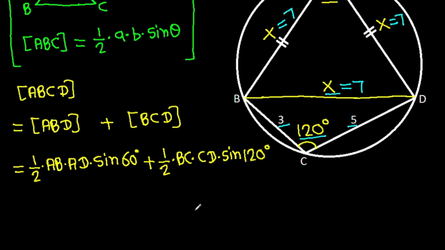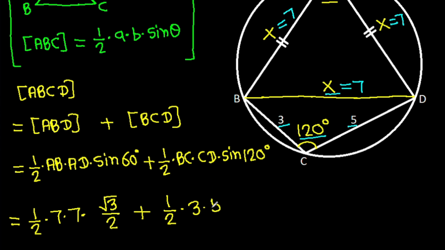And it is 1 over 2 times AB 7 and AD 7, and sine 60 degrees is root 3 over 2, plus 1 over 2 times BC is 3, CD is 5, and sine 120 degrees is root 3 over 2.